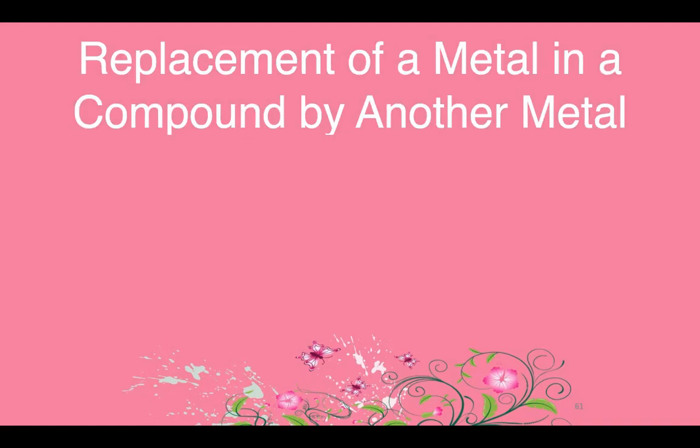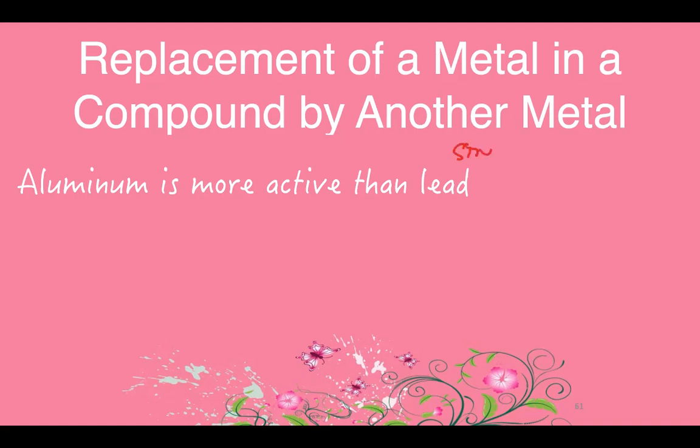So the most common single replacement reaction is with metals replacing another metal. So for example, aluminum is a more active metal than lead. So if lead is in a compound with, say, oxygen, and aluminum is by itself, then aluminum can replace or displace, which is why sometimes you see it called a single displacement reaction, but it's the same thing.